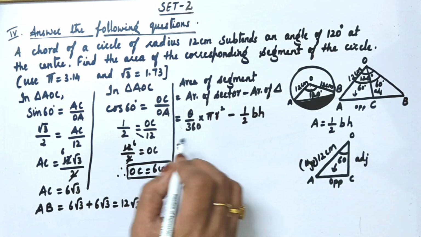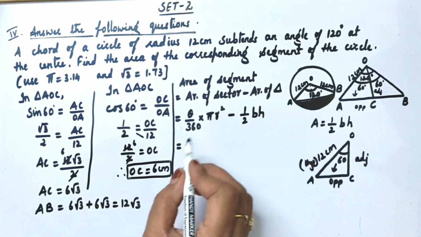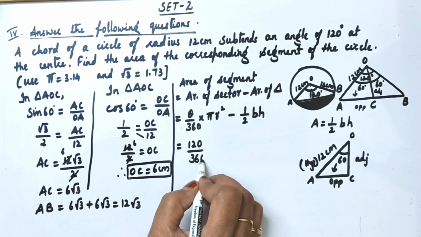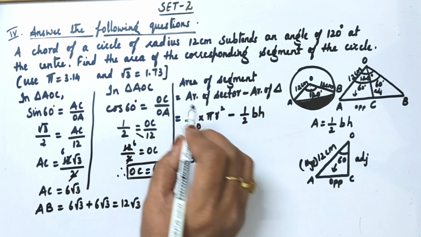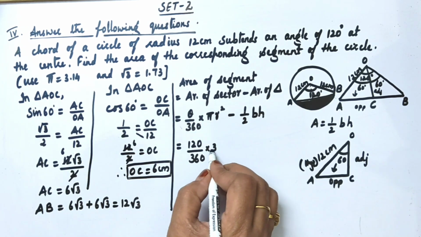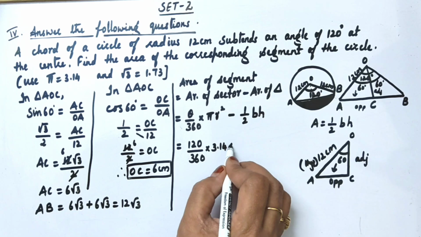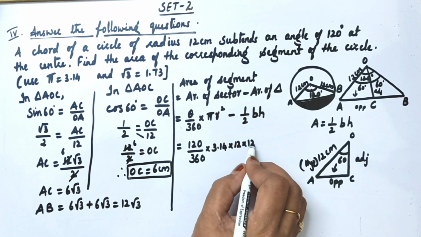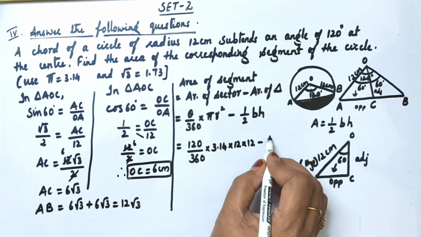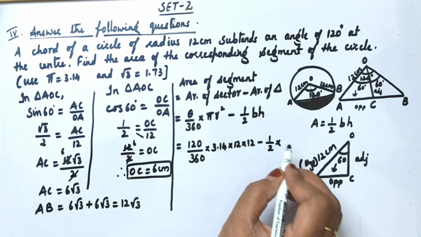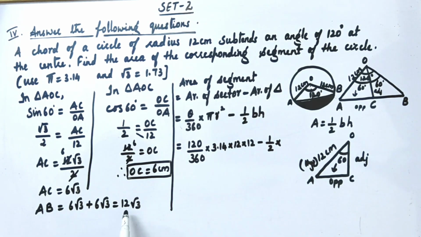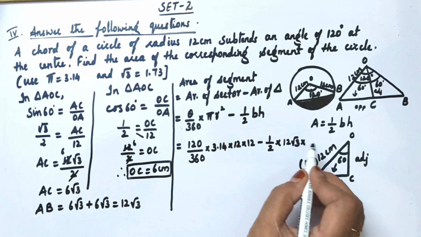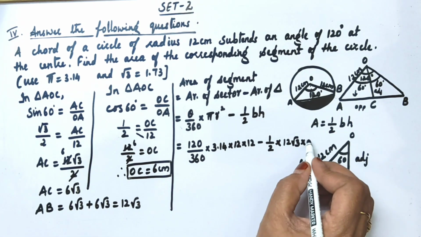This equals, now the complete sector is 120, so theta is 120 upon 360 into pi, we need to take pi as 3.14, radius is 12 into 12, I'll write 2 times, minus half into base, that is AB is 12 root 3, into height OC is 6.